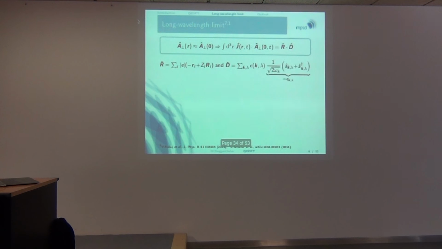The R is, as said before, the total dipole moment, and the D looks on first glance as if it would be just the mode resolved sum of the vector potential, but it's not. These things here, we call them Q, they are displacement coordinates, and I call this D, this is the displacement field. And remember from macroscopic Maxwell's equations what the displacement field D is. It is the E field plus the polarization.